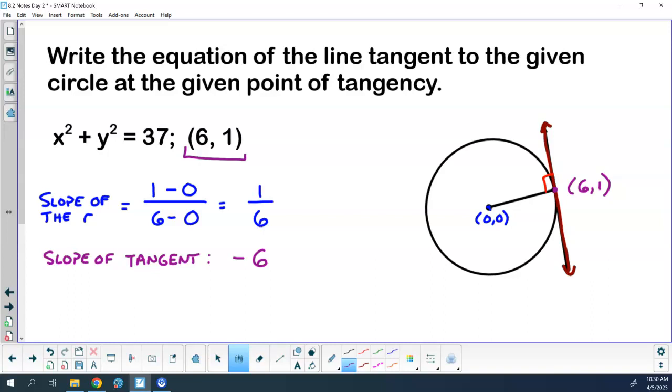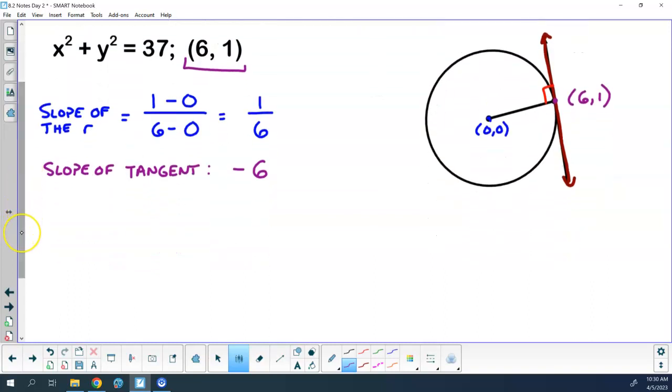So 1/6 becomes -6. Now, you have the slope of this line. The slope of this brown line right here is -6. You have a point that it goes through. So we can do y equals mx plus b.